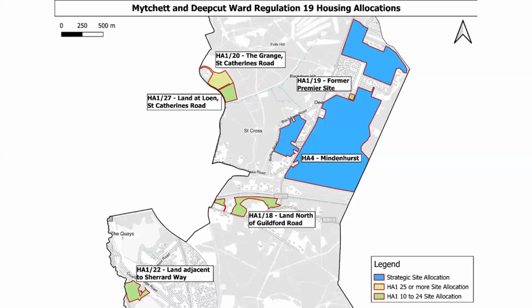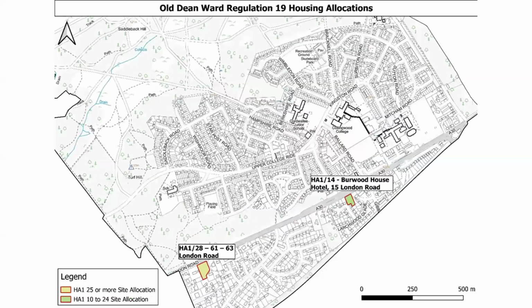And adjacent to that, there's the Grange, St Catherine's Road, which is allocated for 17 units. There's also an allocation at land north of Guildford Road for 21 units, and an allocation at former Premier site Newfoundland Road, which is allocated for 13 units. And then towards the bottom of the screen, we have the allocation at land at Sherris Way in Mytchett for 16 units.